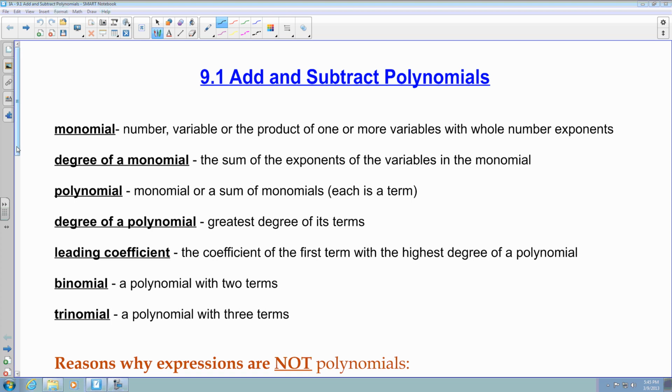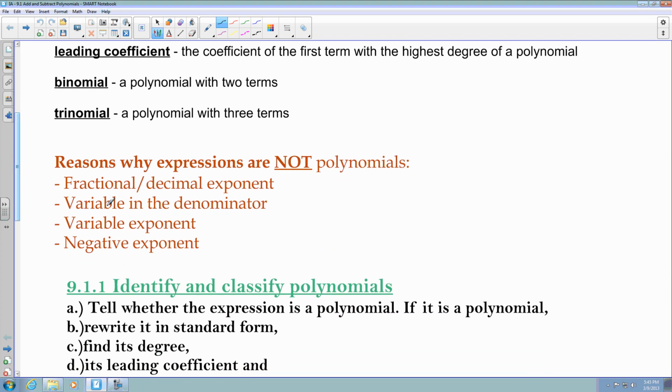When dealing with polynomials, it's actually a shorter list to give the reasons why it's not a polynomial rather than the list of what makes polynomials. So here are the main parameters to look for that are not polynomials. First one, is it a fractional or decimal exponent? They must be whole numbers.